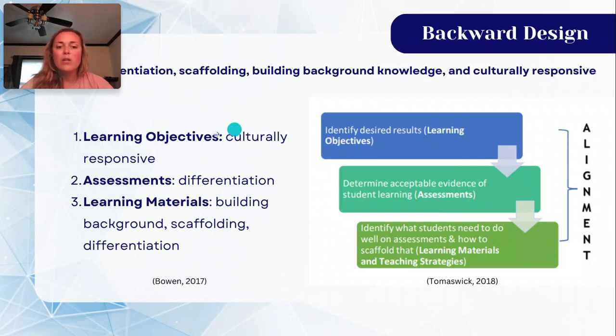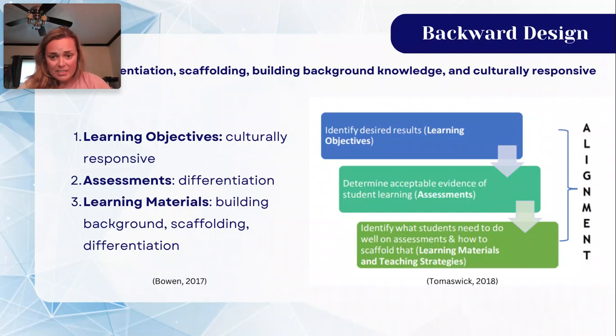In here is where we get that heavy relation to culturally responsive instruction, because when you decide what you want your students to perform or to demonstrate or to show at the end of the unit or whatever it may be, this is where you get to decide how you want them to apply that knowledge, or if that's what you're assessing.